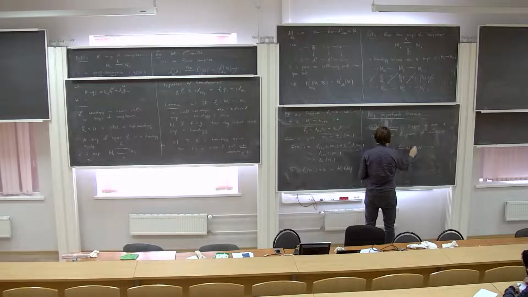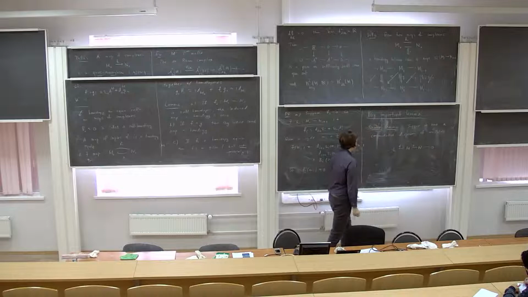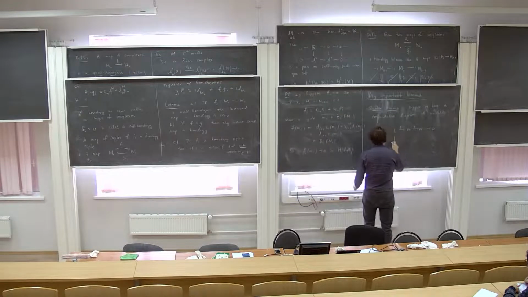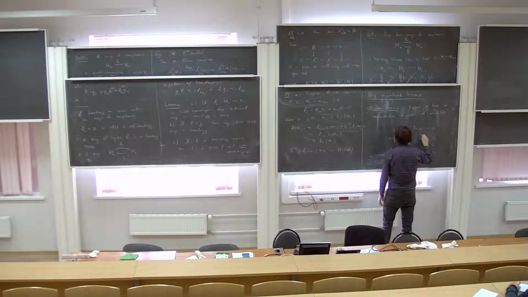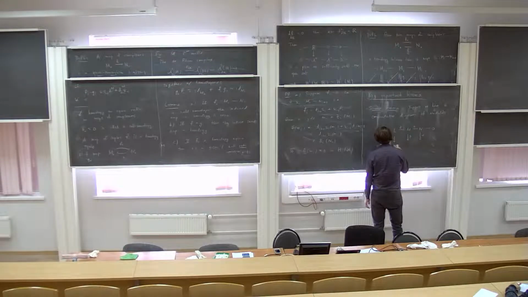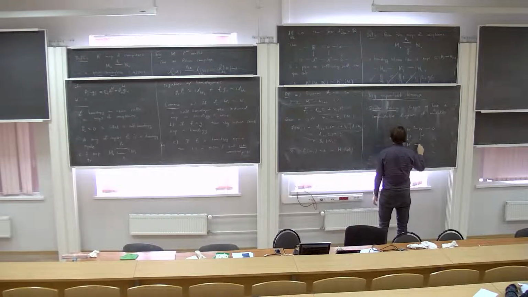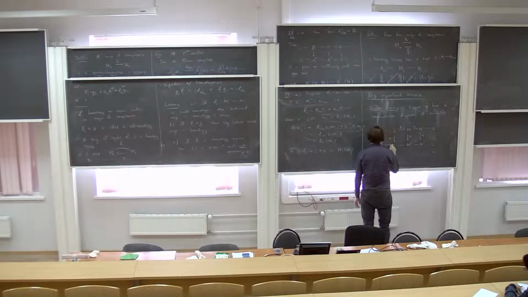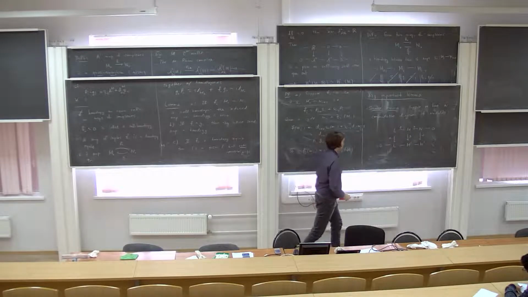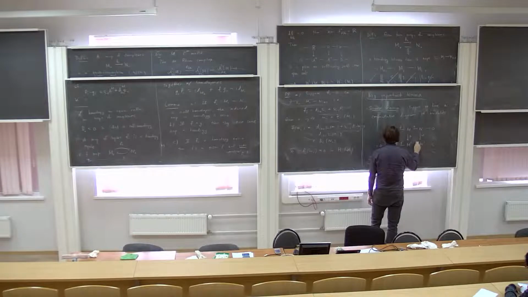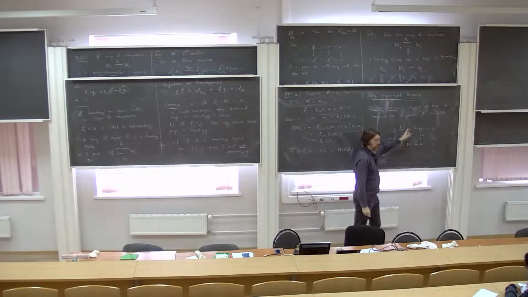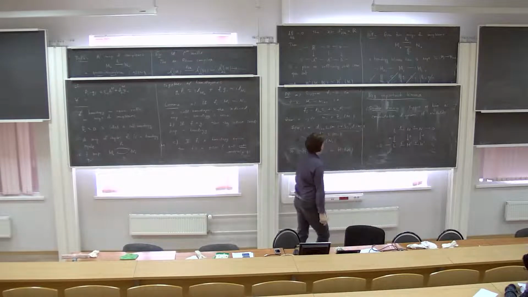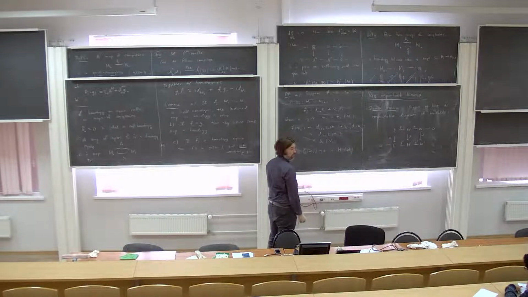I'll spell that out in a second. And then that will map to some other complex. I'll call it L prime, M prime, N prime, with maps F prime, G prime. Commuting means if I go this way around the square, it is the same as going the other way, and similarly for the second square.